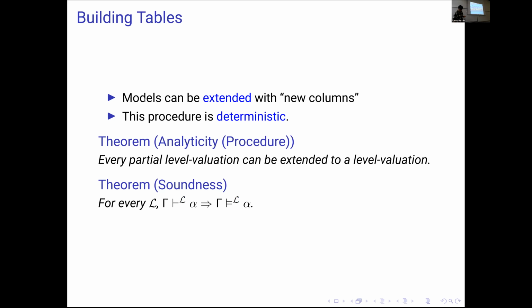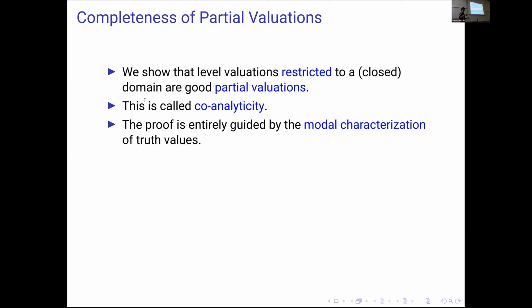And for completeness, we already have completeness of level valuation. So we need a way of using this result, but we have here finite objects and in level valuation, we have infinite ones. So what we did is to show also this for the three logics that we studied. So you show that when you restrict a level valuation, this infinite object, to a closed subset of formulas, this is indeed a partial valuation.